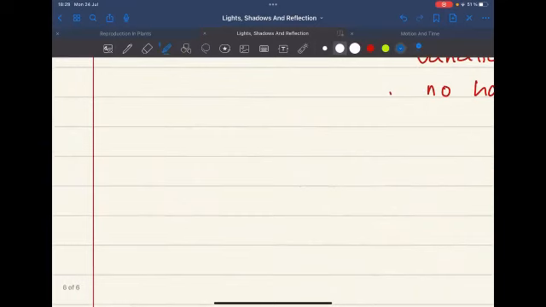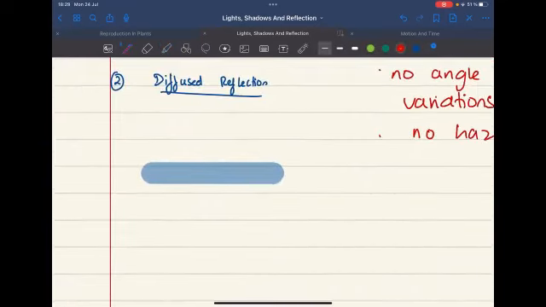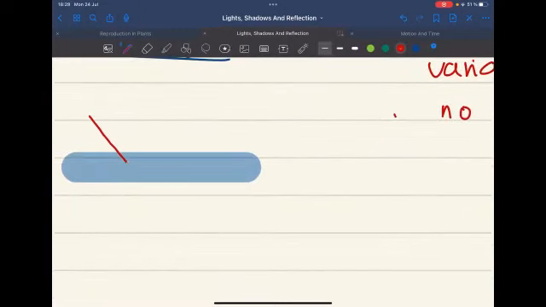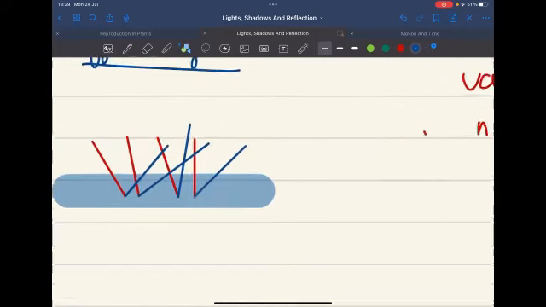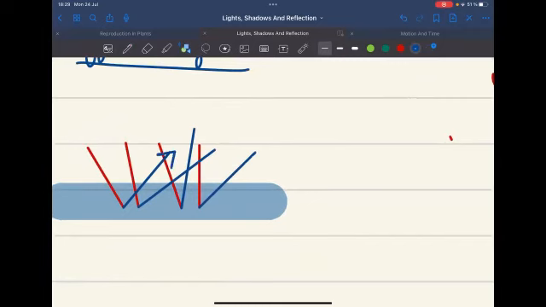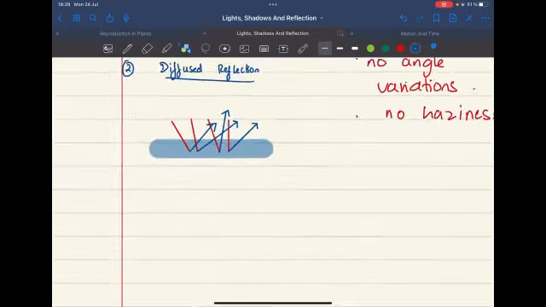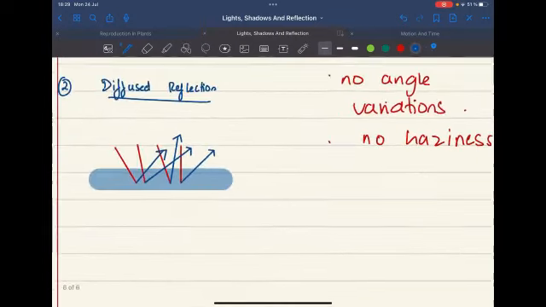Similarly, again, there's a mirror, but in a diffuse state, how will the reflection be? This is how your reflection will be. Can you see the difference between normal specular reflection and diffuse reflection? It will be in a haphazard manner, so it's not uniform.